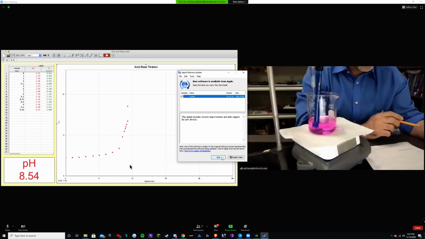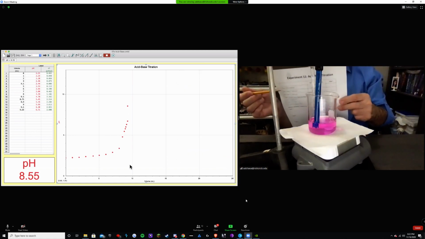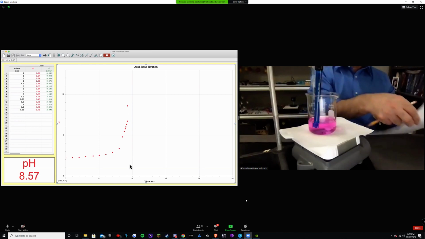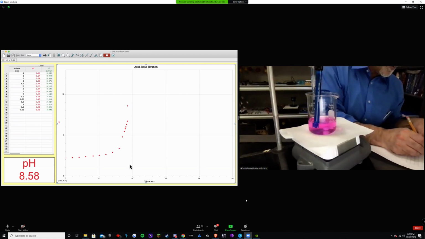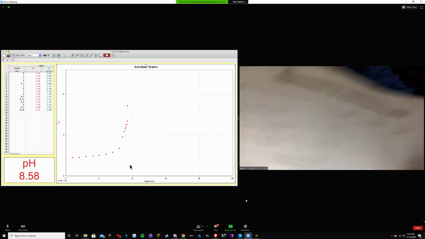Now the initial volume of sodium hydroxide inside the burette was at 0, because I filled it to 0.00. So let's record the initial volume of sodium hydroxide inside the burette to be 0.00. So this is what I have.